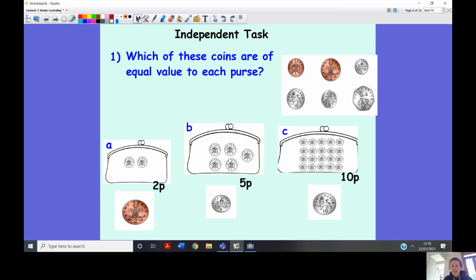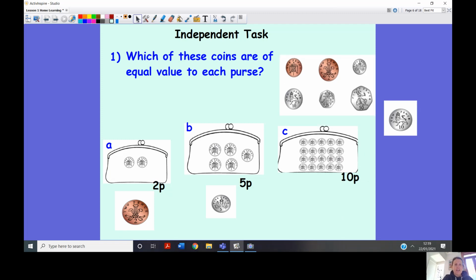Mrs. Turley's made a mistake here. It is not a 10p. It is actually a 20p. Deary, deary me. Because I have 20 pennies there. Right, give yourself a quick tick or fix for those questions.